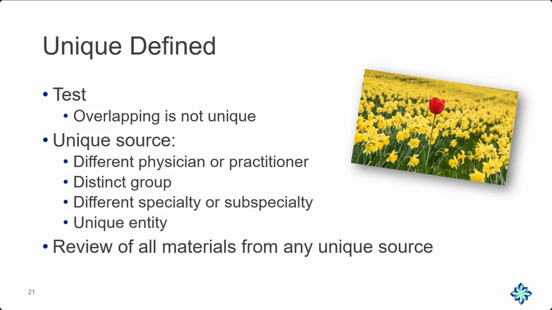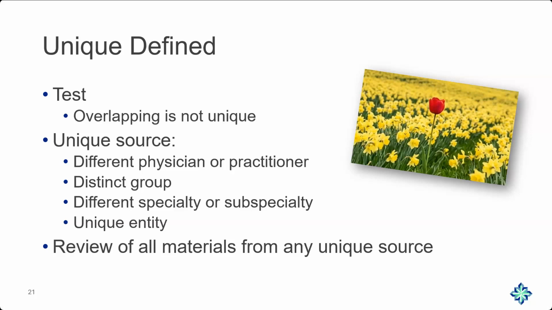AMA also talks about unique source. With a unique source, they are looking at that as a physician or other qualified healthcare professional that's in a distinct group, or they're of a different specialty, or they're in a different entity. I do call out subspecialty here as well, but that's all going to have to be very, very clear in the documentation.